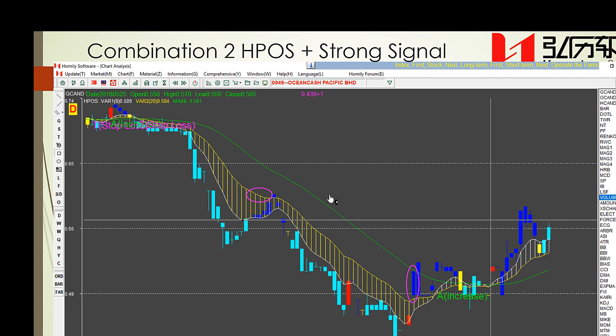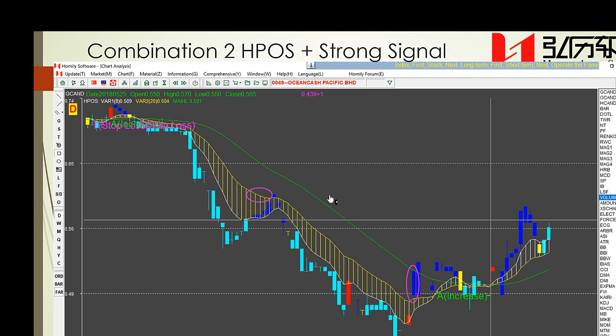Tomorrow maybe there is no trading, right? I think there is no trading because it is a line only. So maybe this counter is not very active. If tomorrow it cannot move up, we should not buy it. We cannot buy it.